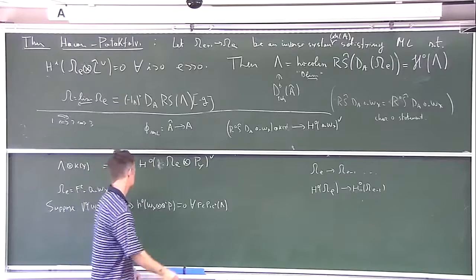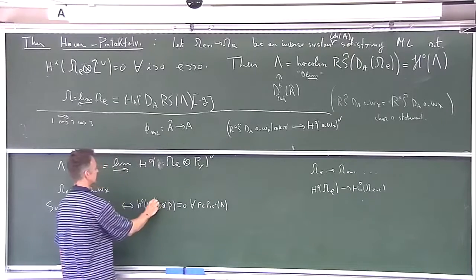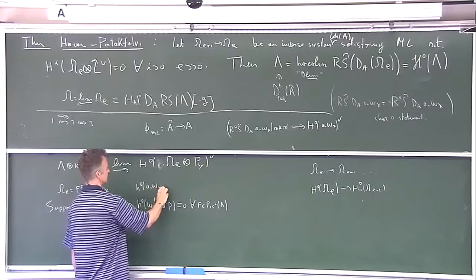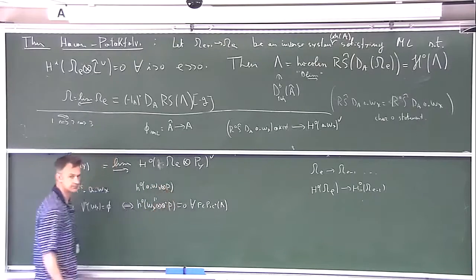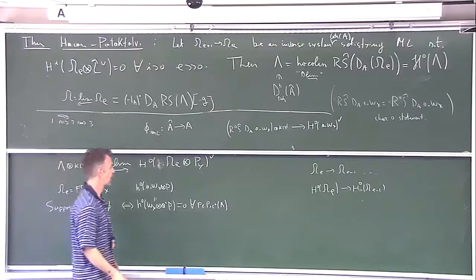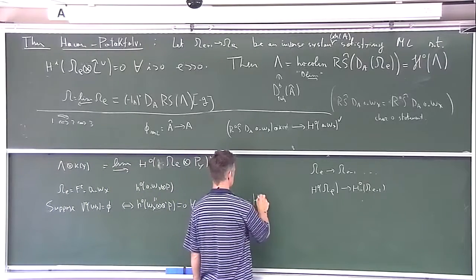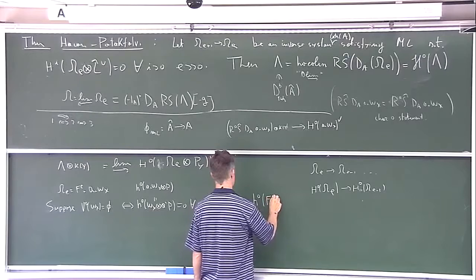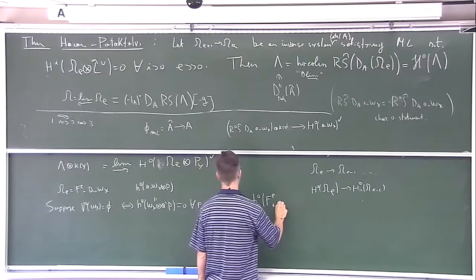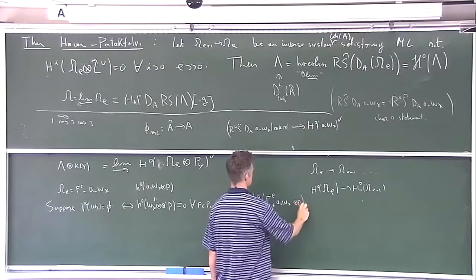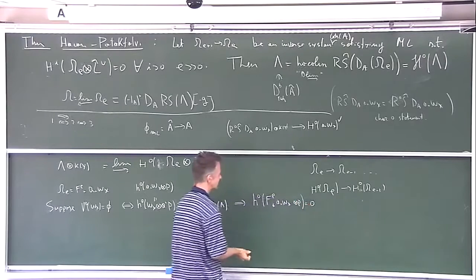Very good. This cohomology group is the same as H0 A low star of omega x tensor P. And so this tells me that H0 F E lower star of A lower star of omega x tensor P is also equal to 0. Why is that?